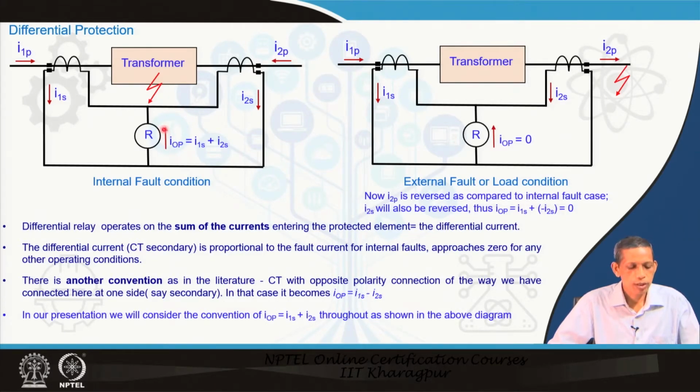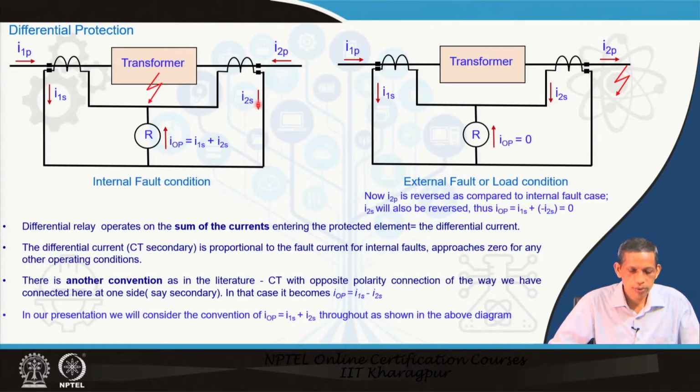So, the differential current, otherwise also called the operating current, becomes equal to I 1 S on this side and I 2 S on this side. So, operating current becomes equal to I 1 S plus I 2 S. For an internal fault, both I 1 P and I 2 P will be in these directions, and with the CT polarity connections in this fashion, the direction of current here, if this is entering here, then this should leave here.